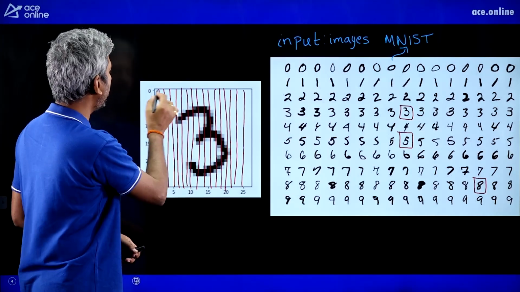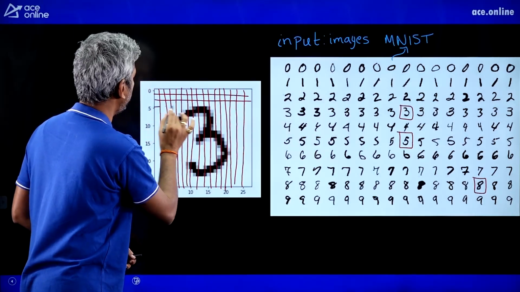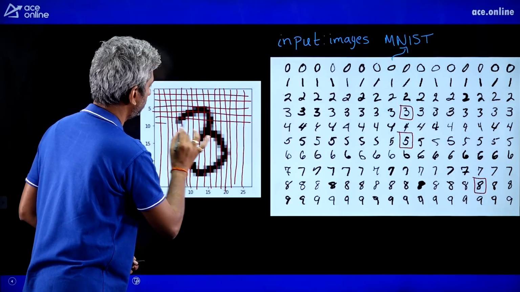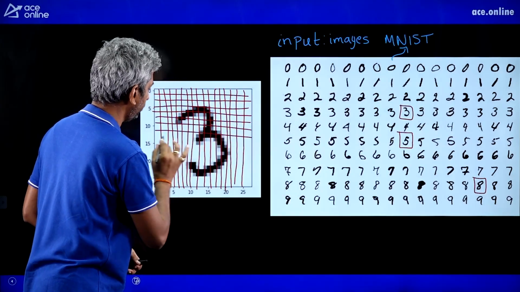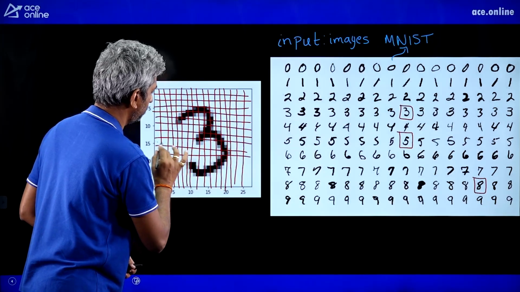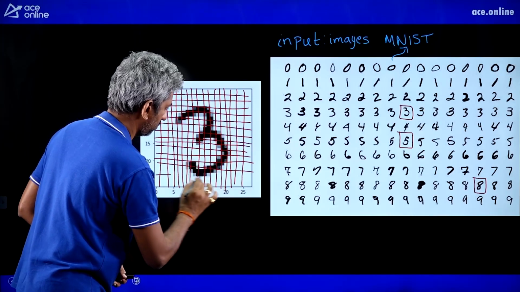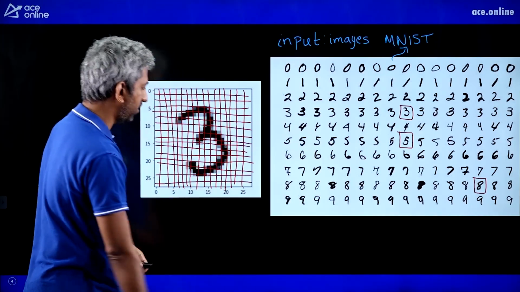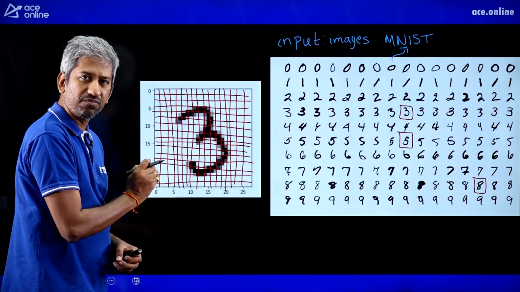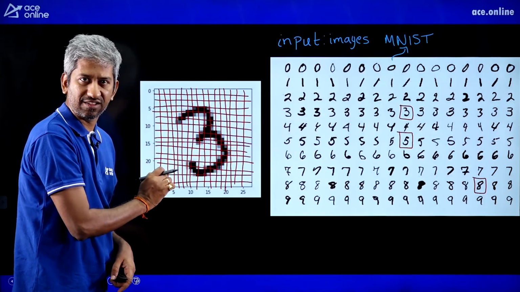Okay. Similarly, 30 horizontal portions. Okay, like this, it is divided. So, how many cells did we get here? 30 multiplied by 30, we got 900 cells.